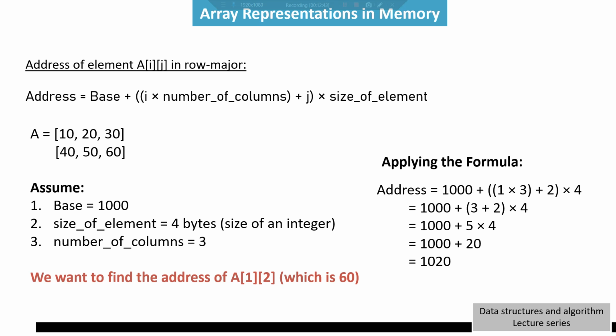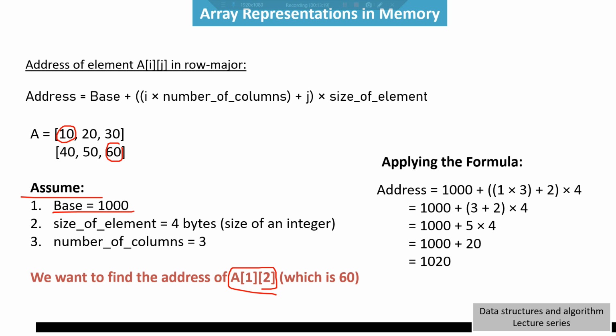Suppose you want to identify the address of A of 1, 2, which is 60. It's not the first row, it is the second row, because the index starts with 0. So second row and third column. The base address is 1000, meaning the address of this element 10 is 1000.